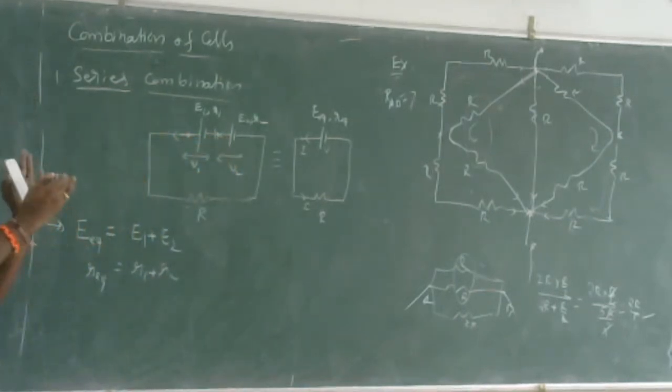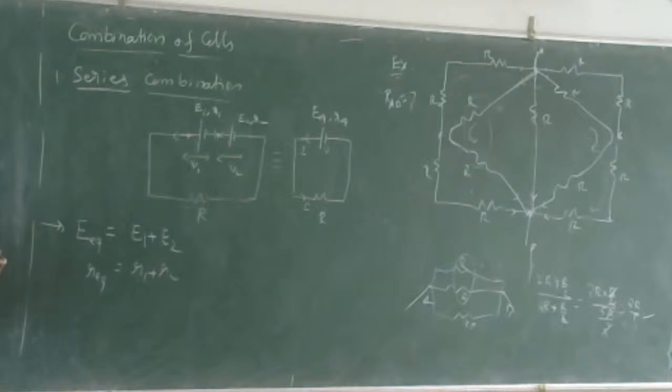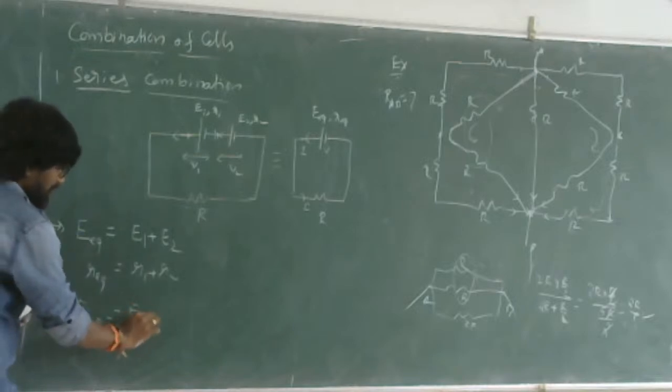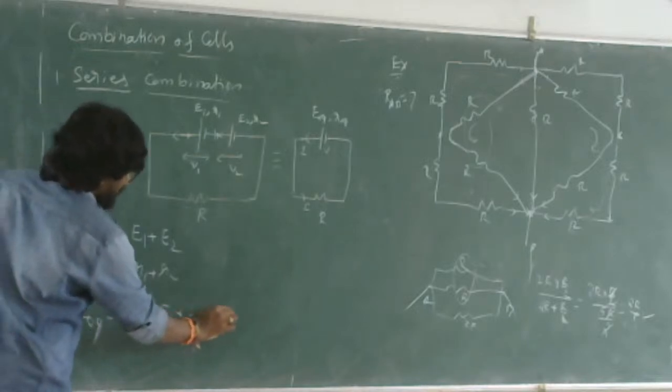So we call it the supporting manner. Whereas if they have reversed polarity, they are said to be connected in an opposing manner, not in a supporting manner. Here, this is in case of two cells. Instead of two cells, if you have n number of cells, then E equivalent is simply equal to E1 plus E2 plus so on plus En.